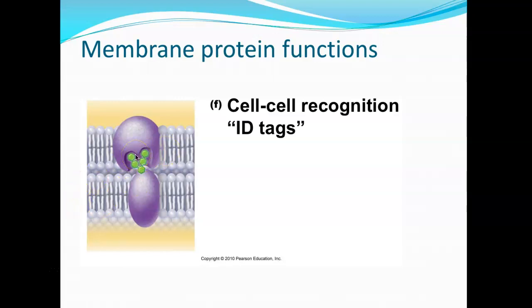There's testing that can be done to find out. And then we're going to talk a lot about that when we do blood typing. But this right here, cell-to-cell recognition, is what makes organ transplants so difficult and what makes blood transfusions kind of difficult. You can't just get any type of blood because it is recognized as foreign and the body will reject it. And it rejects it in kind of a violent, crazy way. The immune system will just attack it. And that can lead to lots of problems.